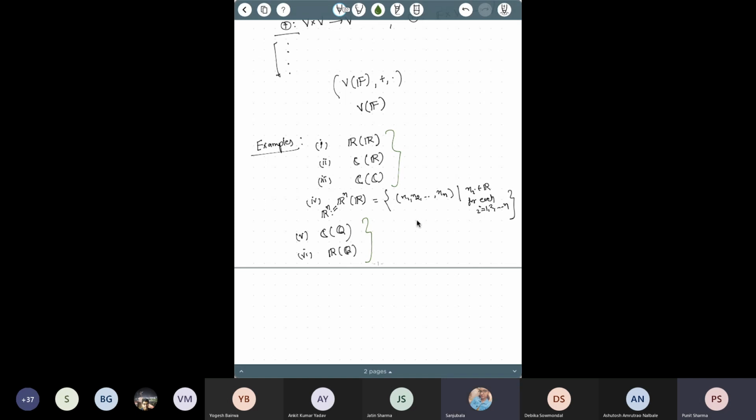Every field forms a vector space over its subfield. Yes. So that's true. Therefore, in general, you can say that any field is a vector space over its subfield. Fine. What else?